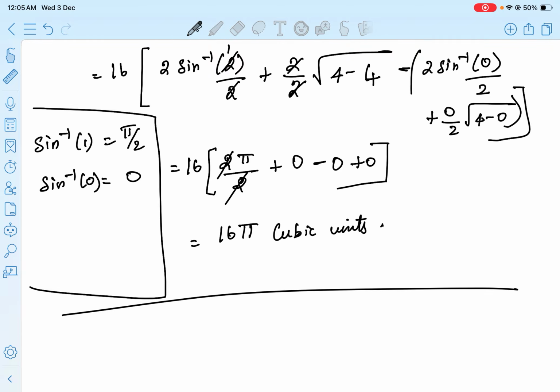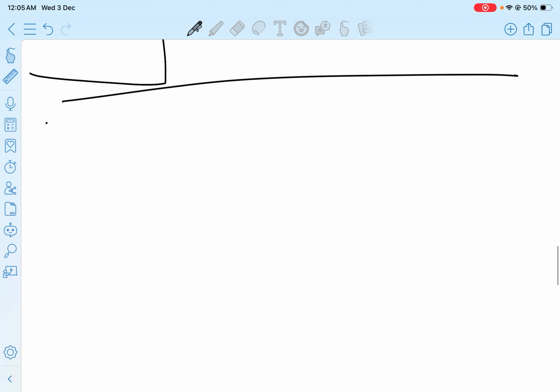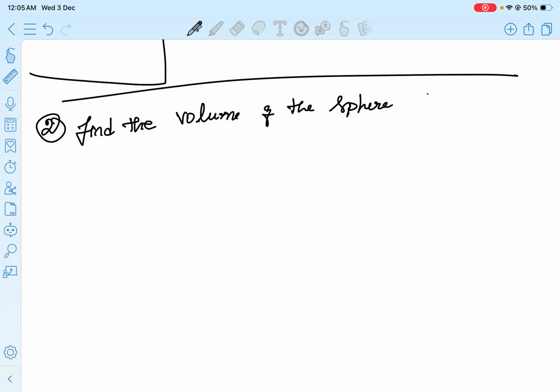Okay, so we can see one more problem with this. Find the volume of the sphere x square plus y square plus z square equal to a square, without transformation.